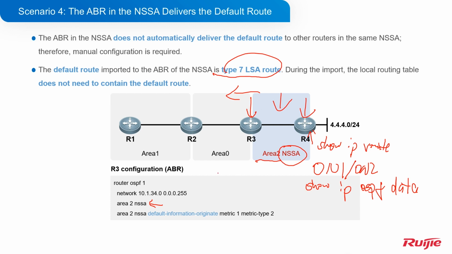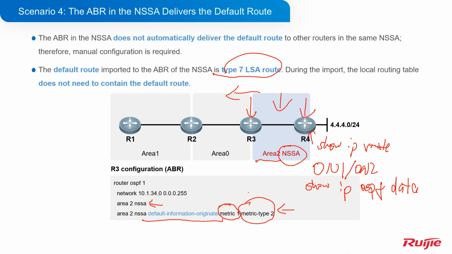Okay, so now the last command is area 2 nssa default-information-originate. For this part, it means we deliver the default route manually, and then we add metric 1. It means we set the metric value of this default route to 1, and then metric-type 2.